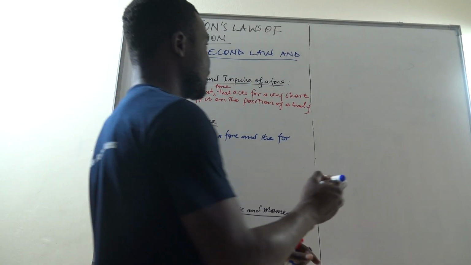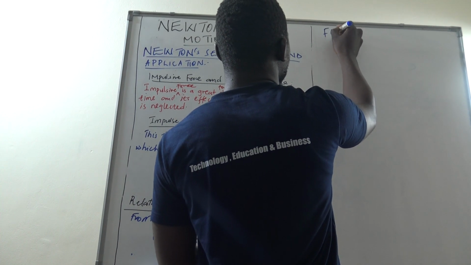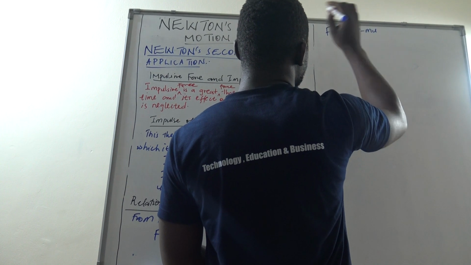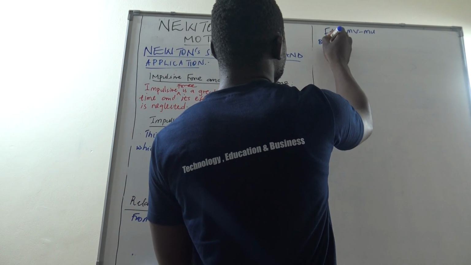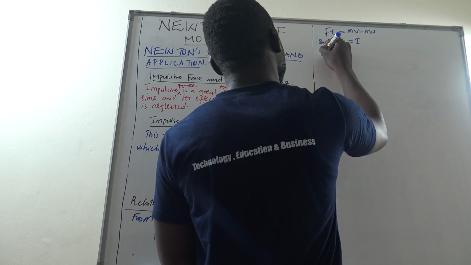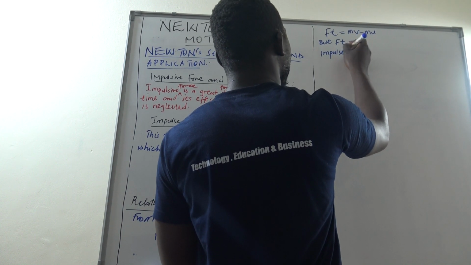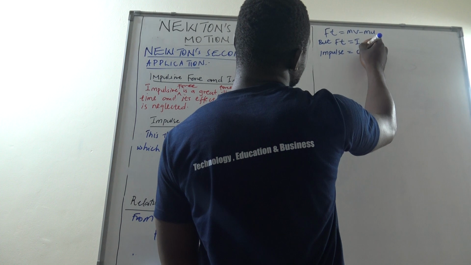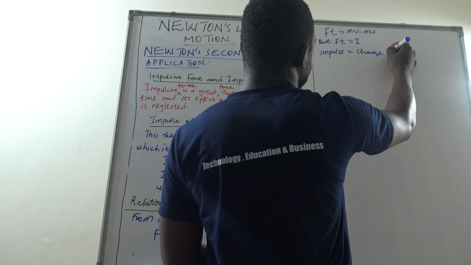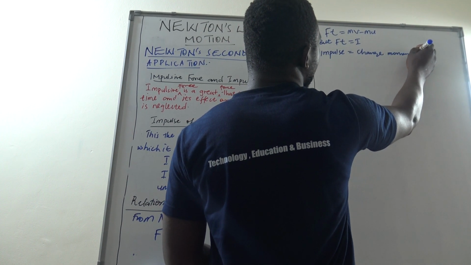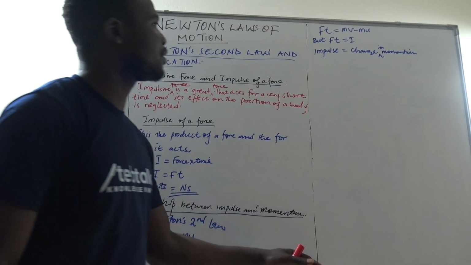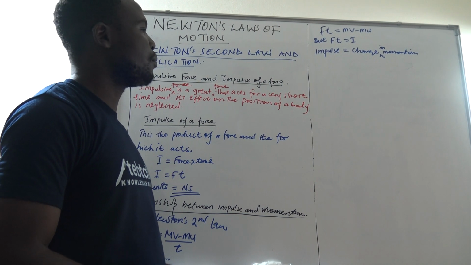Cross multiplying by t, this shows that Ft is equal to mv minus mu. But we have just shown that Ft is equal to impulse. Therefore, our impulse is equal to change in momentum, because final momentum minus initial momentum is the change in momentum. Impulse is equal to change in momentum.